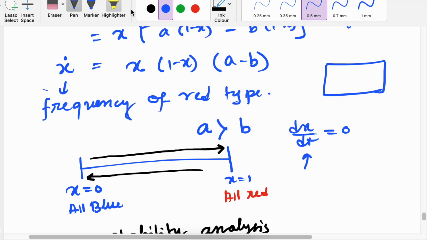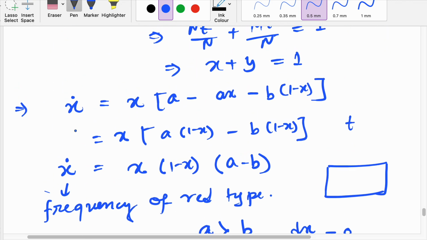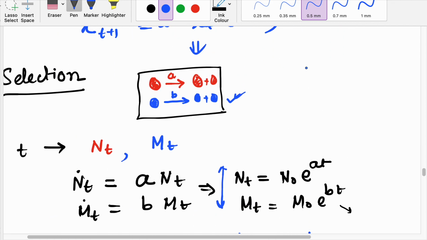Fixed point refers to where, if I reach that point, my dynamics will stop. Suppose in this case, I reach a population state where all bacteria are blue; this is a fixed state.